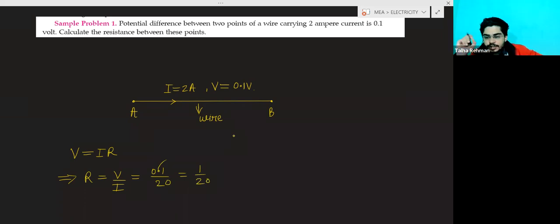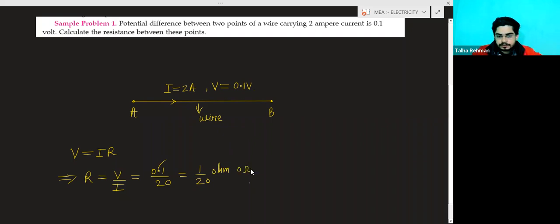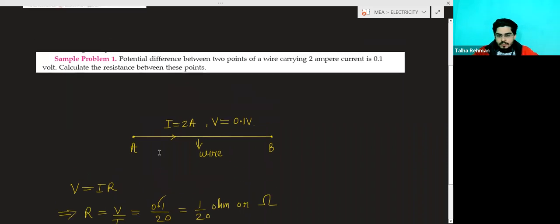Remember the unit of resistance is ohm, and this is also represented by this symbol. And 1 by 20 is 0.05 also; you can write it in that form also. Okay, now another question.